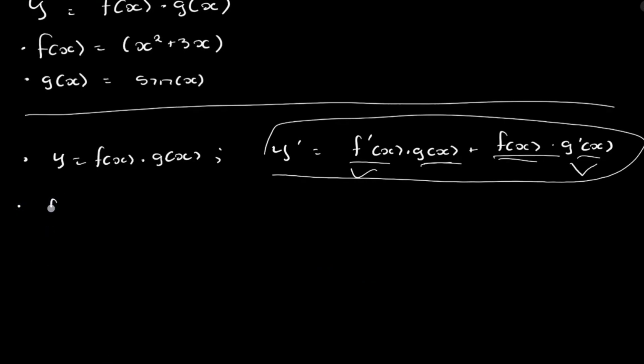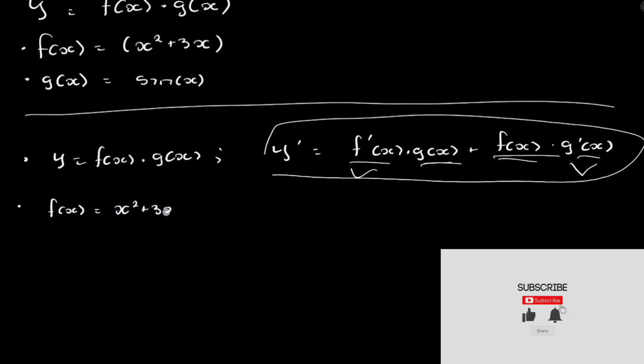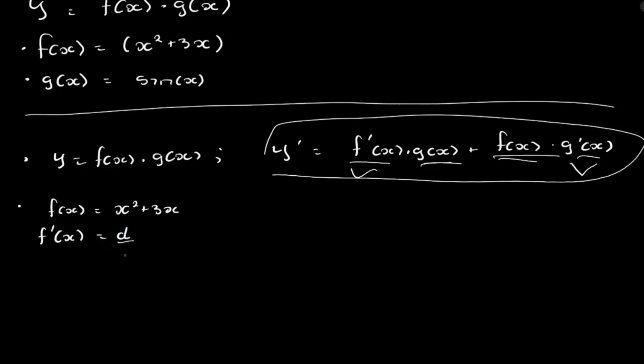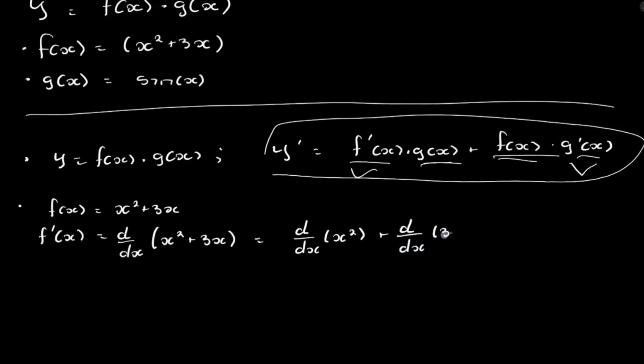First of all, we rewrite our f of x, which is equal to x squared plus 3x. Now f prime of x is the differential with respect to x of the function x squared plus 3x, which is equal to the differential with respect to x of x squared plus the differential with respect to x of 3x. This is from our sum rule.